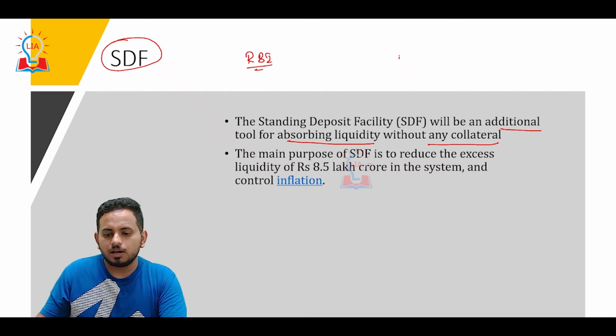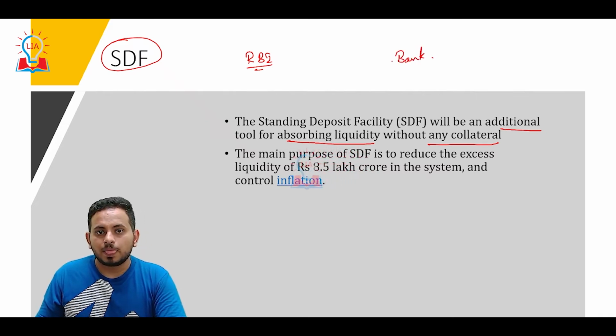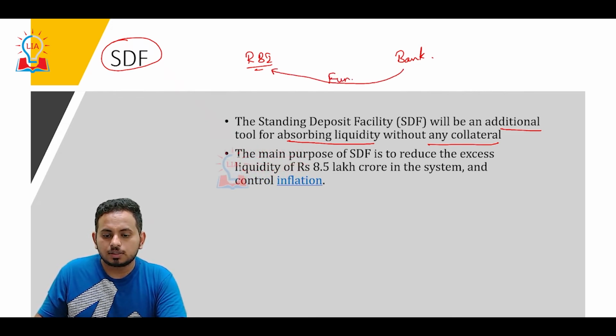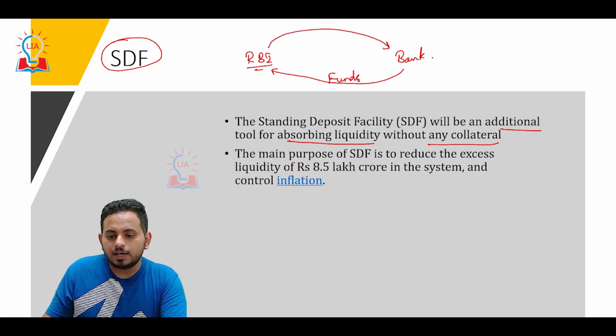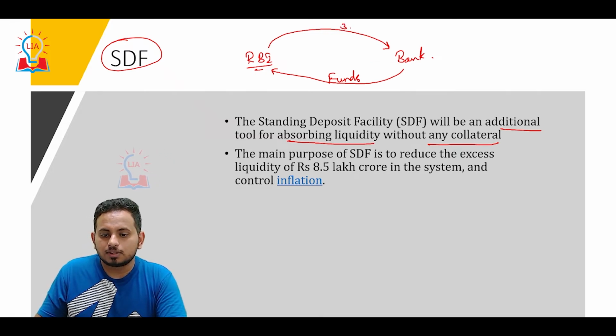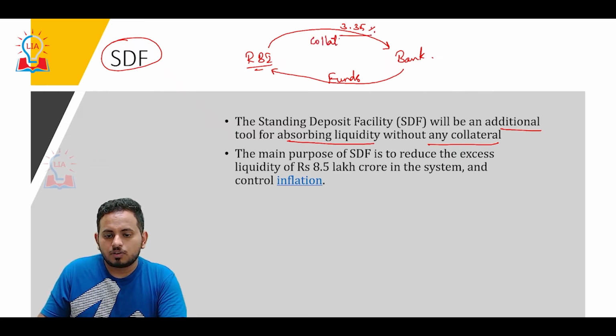We'll see the same example. This is an RBI and this is a bank. We have seen in the reverse repo rate, banks would place the funds with the RBI and RBI would provide collateral to the banks along with the interest rate of 3.35%, which we called the reverse repo rate.